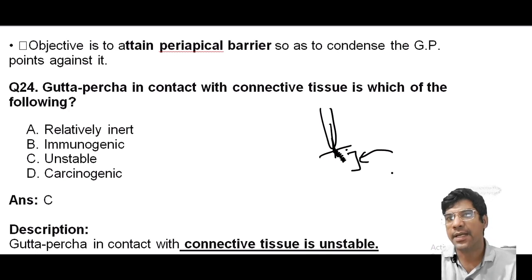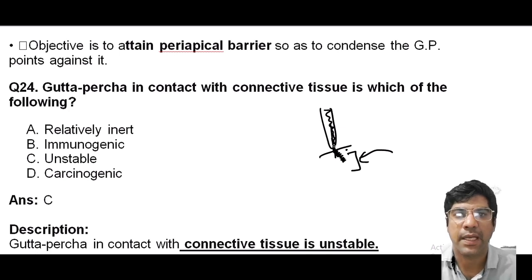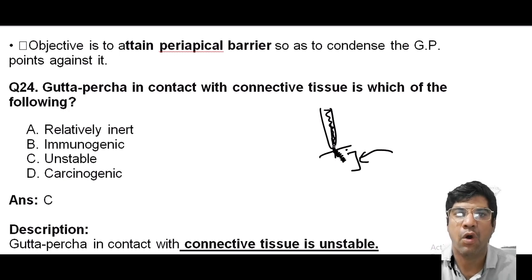So remember, gutta percha is always chosen for its stability and biocompatibility within the root canal. It is not meant to be in contact with connective tissue or other external tissues.